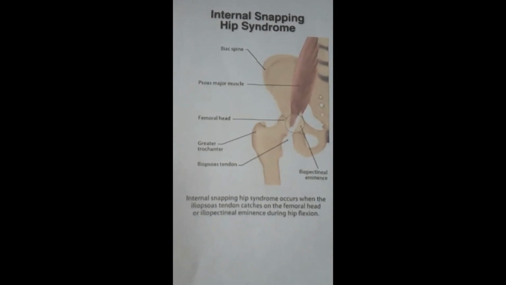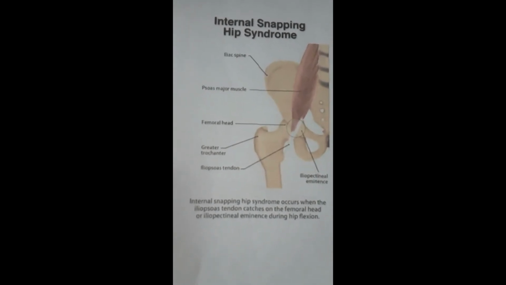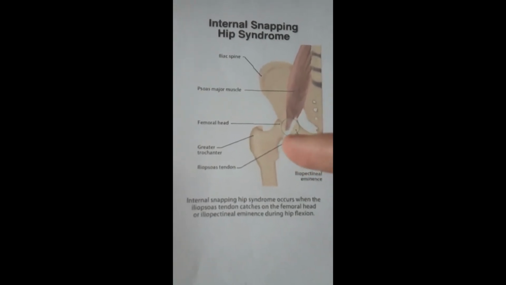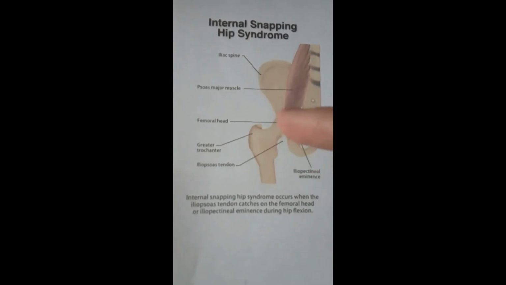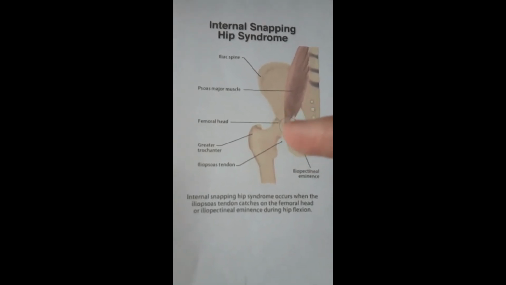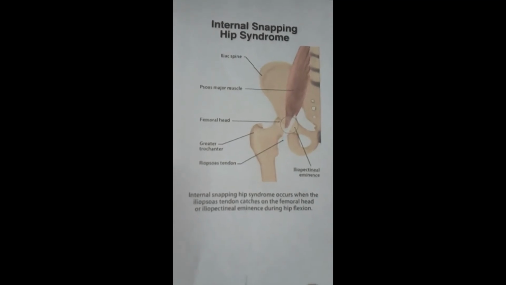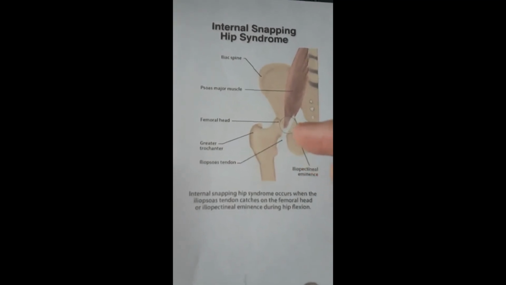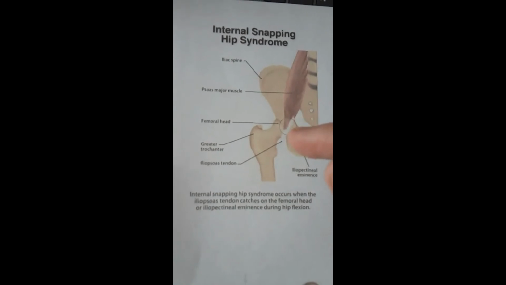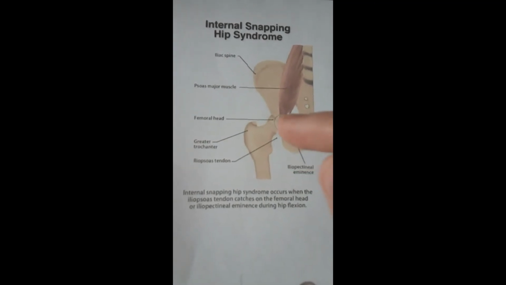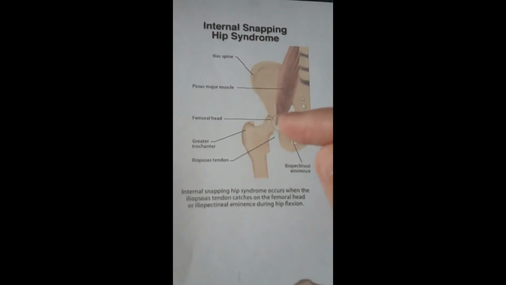Internal snapping hip occurs when the iliopsoas tendon, which is down here, catches on the femoral head, so the ball of that ball and socket, or it can catch on the iliopectineal eminence, which is here, during hip flexion. So it's basically that tendon getting caught, almost like an impingement.